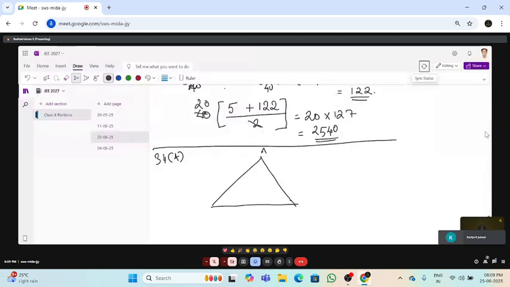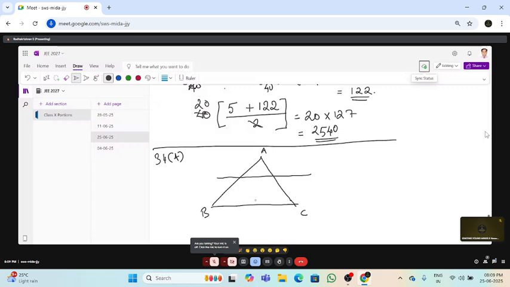And the line is drawn parallel to the base. Parallel to one side of the triangle to intersect the other two sides in two distinct points. This and this are parallel. So it intersects the other two sides at D and E, let us say.